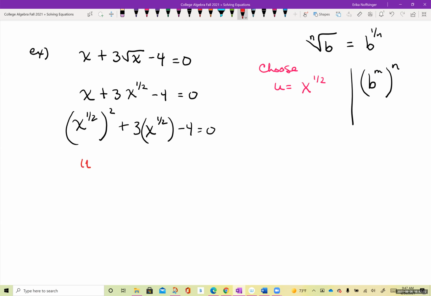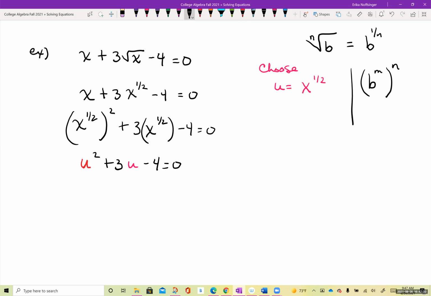I'm going to let u equal the square root of x, or x to the 1/2, and that would give me u squared plus 3u minus 4 equals 0. So now it's quadratic form. I notice again, this is a quadratic that I can factor.